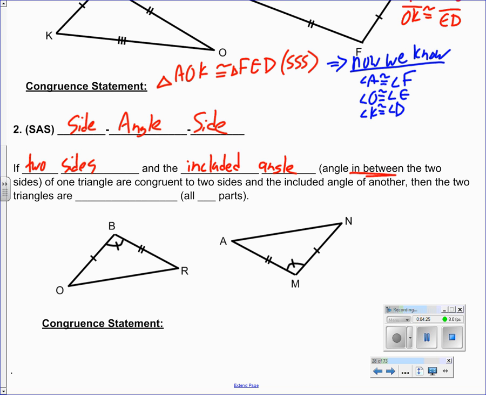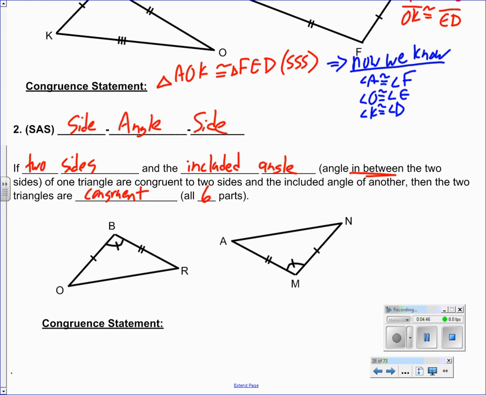So if 2 sides and the included angle of one triangle are congruent to the 2 sides and included angle on another triangle, then we know both triangles are congruent to each other. So not just those 3 parts we checked, but all 6 parts of the triangle.